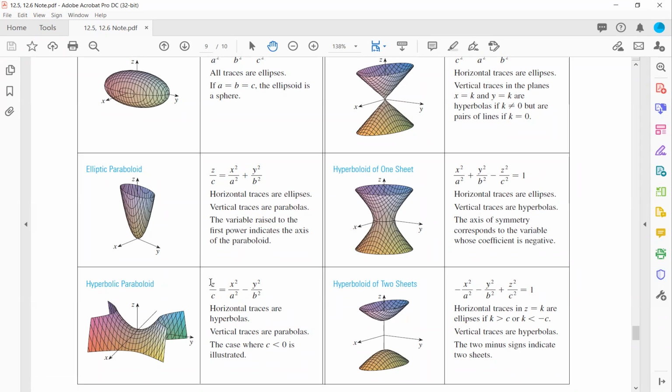The equation is z over c equals x squared over a squared minus y squared over b squared. So comparing elliptic paraboloid with hyperbolic paraboloid, z over c equals, here you're adding x and y terms, here you're subtracting x and y terms.